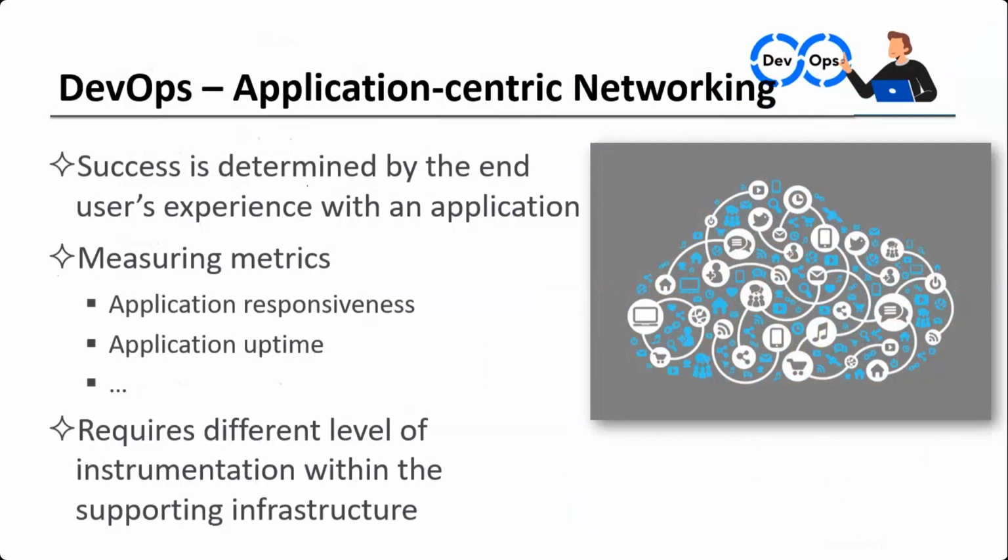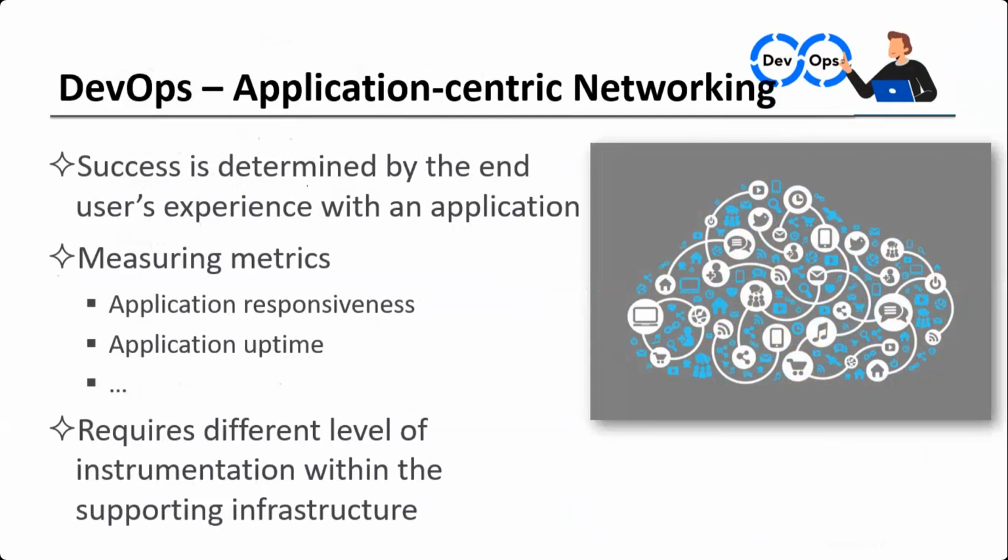So this approach, okay, of application-centric networking helps in maintaining high standards of performance, okay, and it leads to high user satisfaction and success. So it's actually a measure of application success in end user experience, okay, and if users find the application responsive and reliable, okay, it is considered successful.